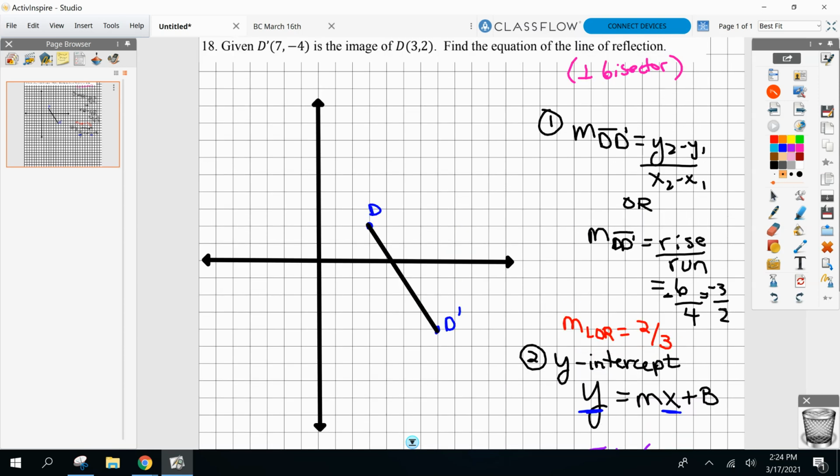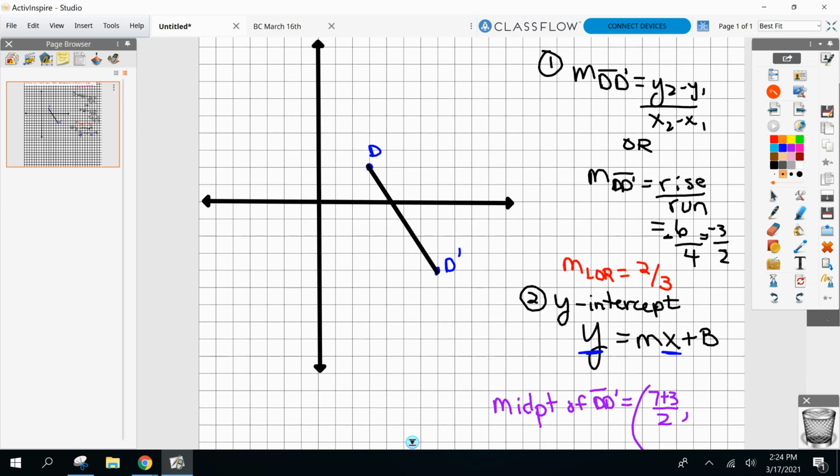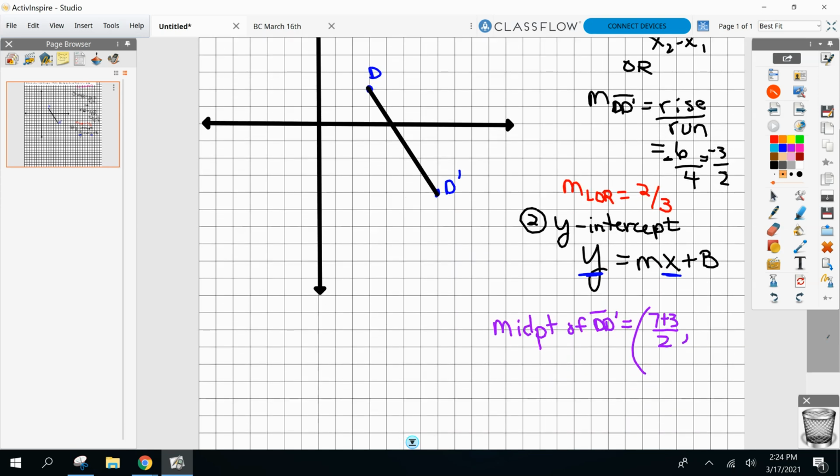And then negative 4 plus 2 over 2. So that gives me 5, negative 1. 5, negative 1 is the midpoint.